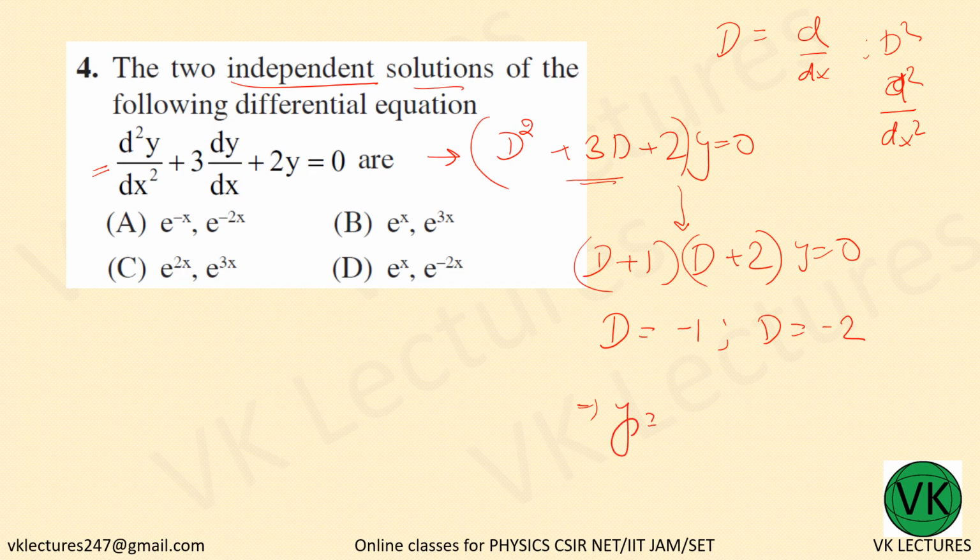The solution is nothing but e power m1x and e power m2x. What are m1 and m2? m1 and m2 are the roots. So you can write m1 is minus 1, so e power minus x and e power minus 2x. So option A.